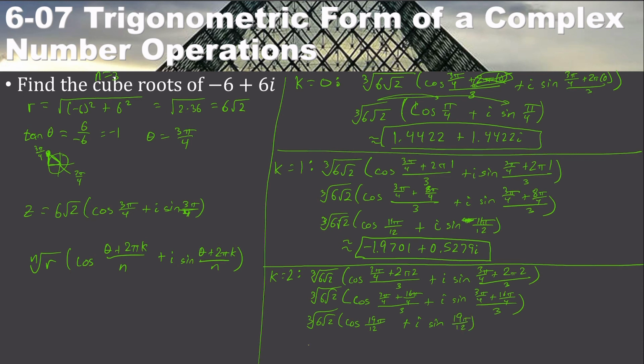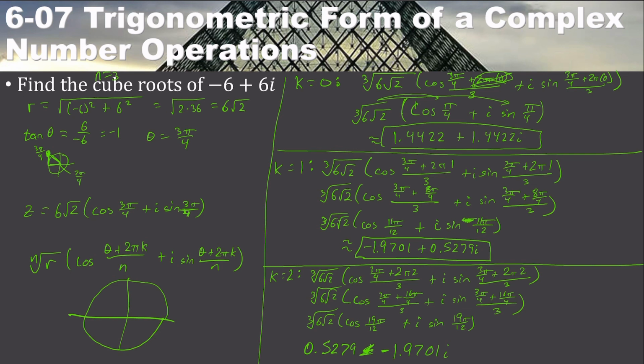If I run that through my calculator, that gives me 0.5279 minus 1.9701i.